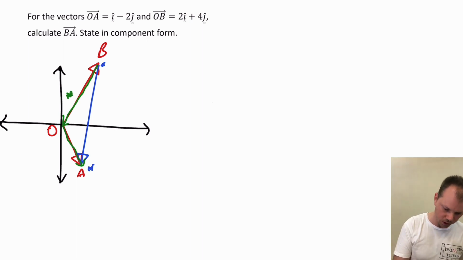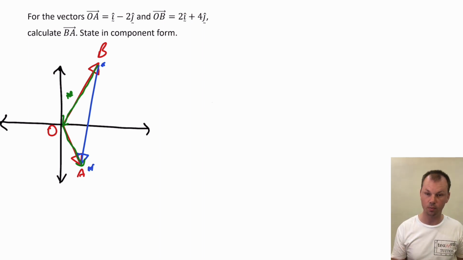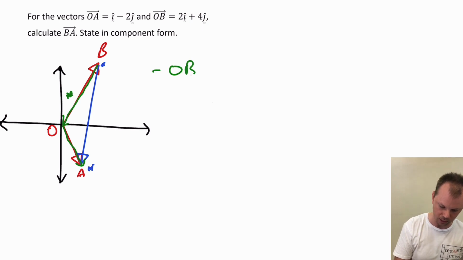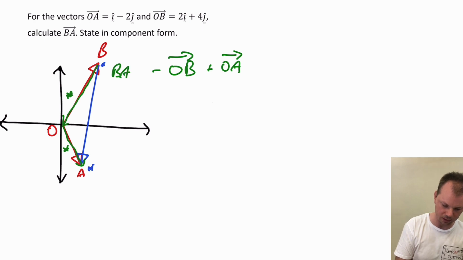So this first vector here, that is just negative OB because we're in the opposite direction. So we've got negative OB plus, and this second vector is just OA. So I can say that my vector BA is these two.